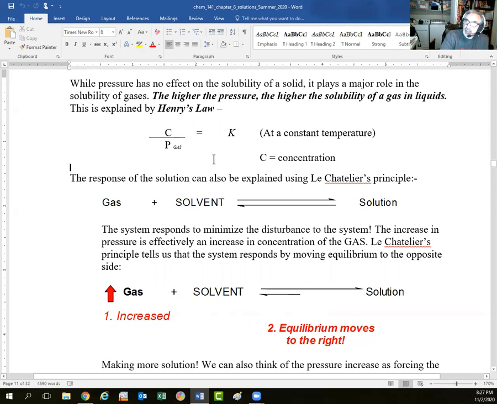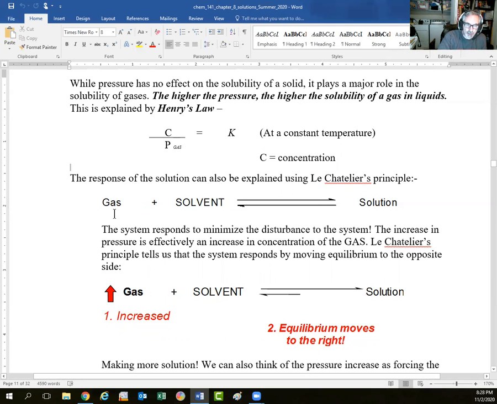We see this effect when deep sea divers go down in the water. As they go down to greater depths, the pressure of the water around them makes gases more soluble. And of course, as we mentioned, Le Chatelier's principle explains why gases are more soluble as pressure increases.